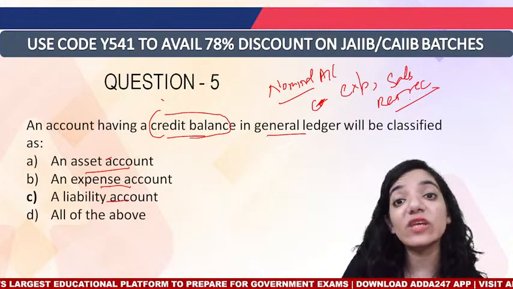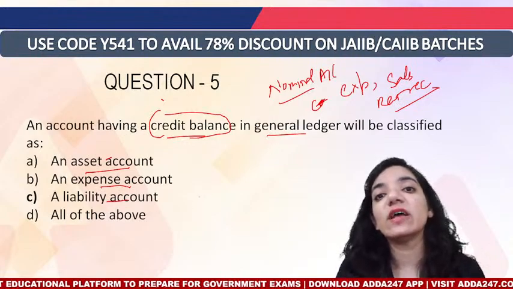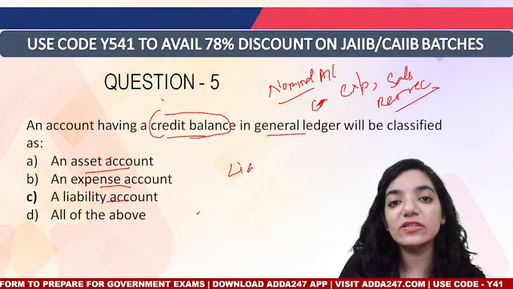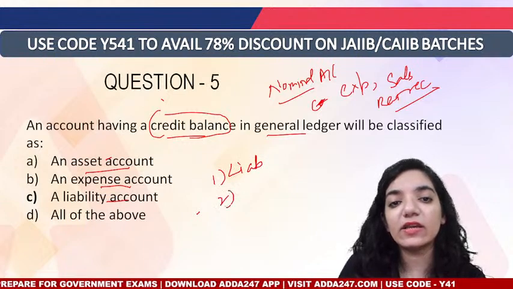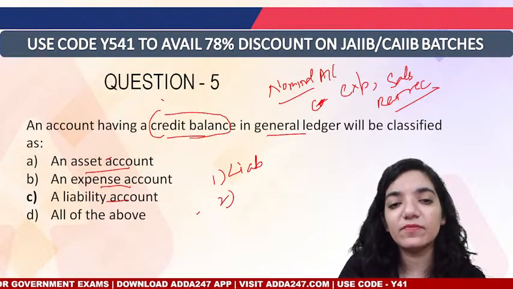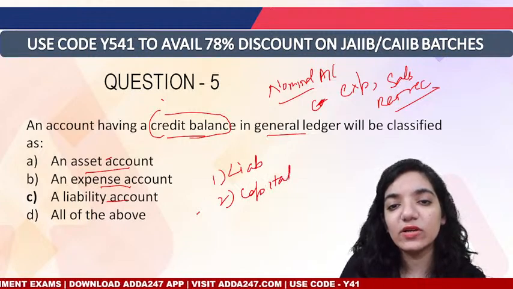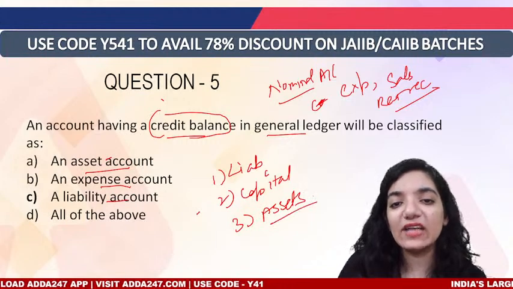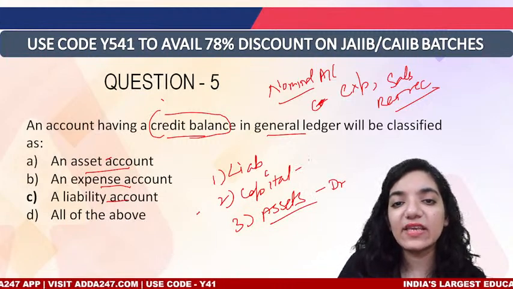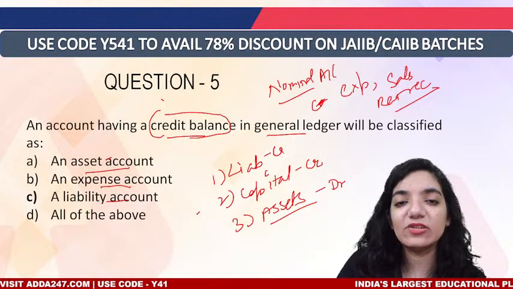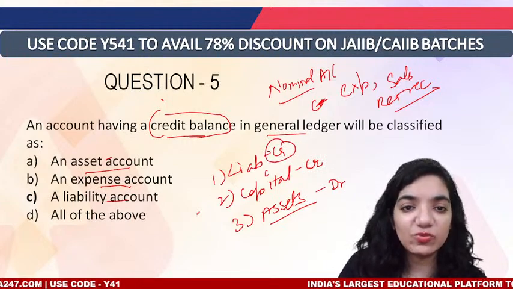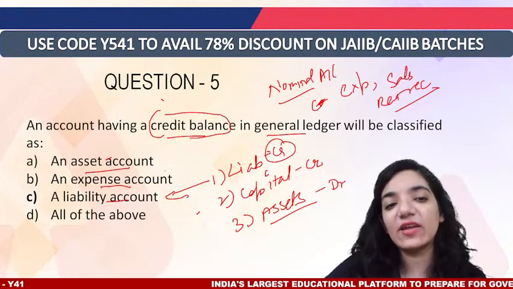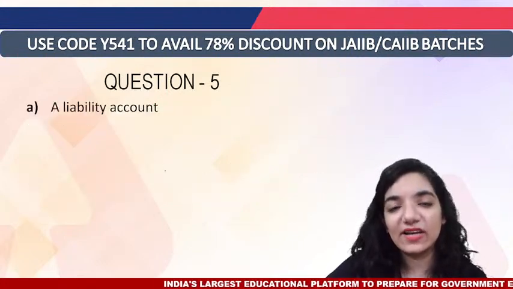So those areas which have a continuation are either liabilities, number one, capital, number two, or assets, number three. Assets have debit balances, capitals have credit balances, and liabilities have credit balances. So in this case, what particular area matches? That is C. That means the correct answer here would be C, a liability account.